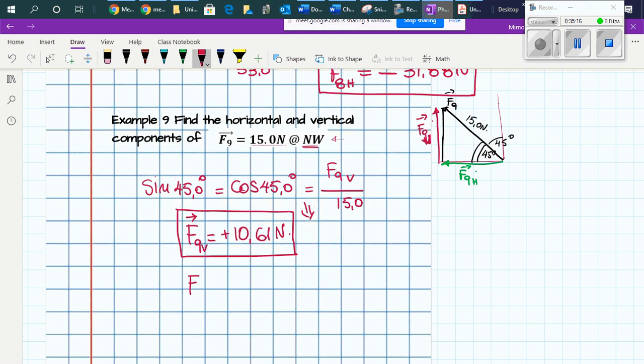And this is the vertical component, and the horizontal component will be with the same value, 10.61, but since it is going in the west direction, it will be negative 10.61 newtons. Because what we are dealing with here is an isosceles triangle.